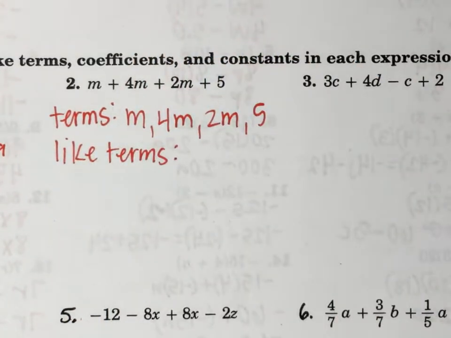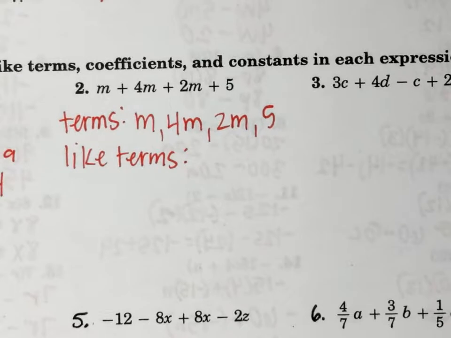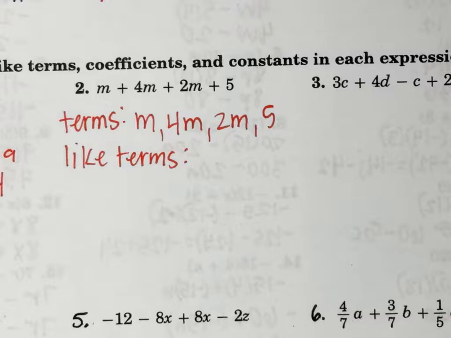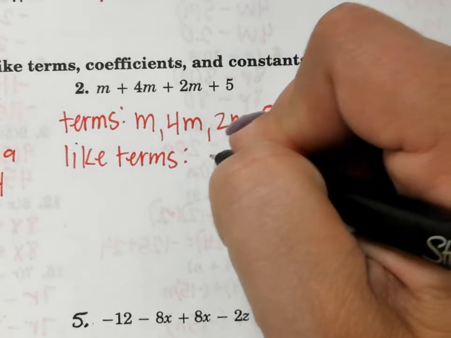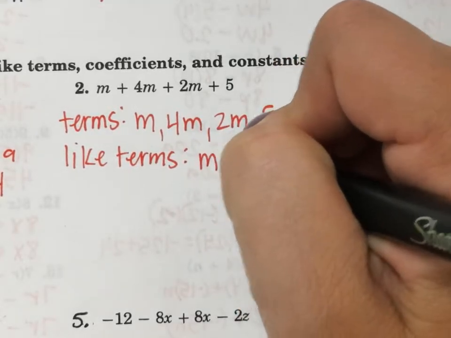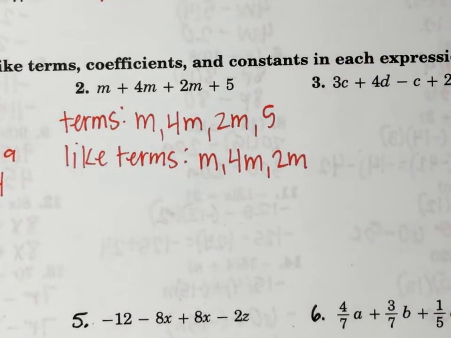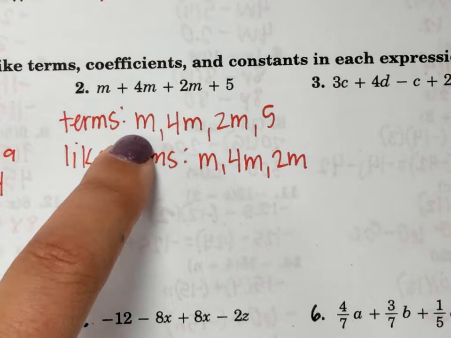What are my like terms? 4m and 2m. And what else? m, 1m. So don't forget that in front of that m is an understood 1.